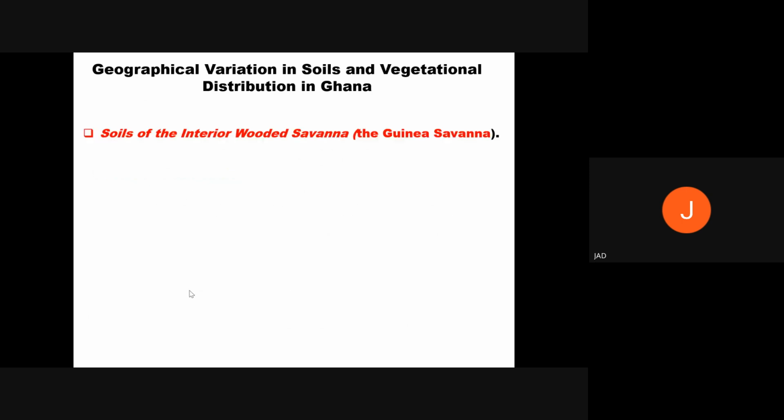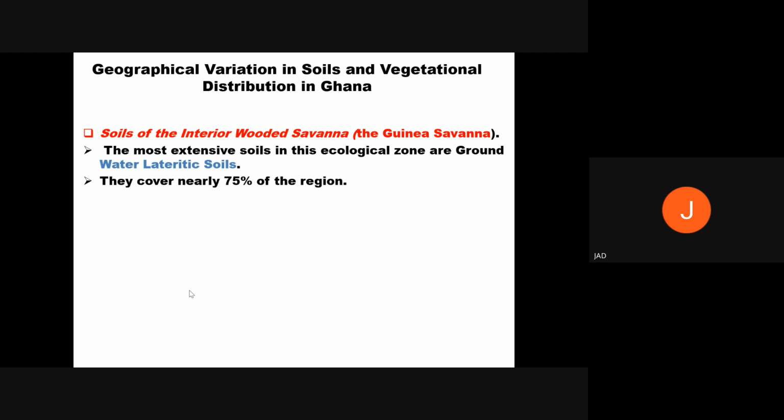Then we have another one, the soils of the interior wooded savanna. That is the Guinea savanna. Let's talk about them. The most extensive soils in this ecological zone are groundwater laterite soils. They cover nearly 75% of the region. This soil developed over what?